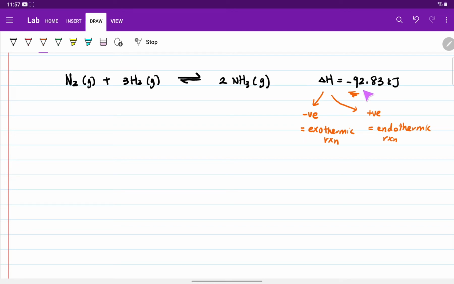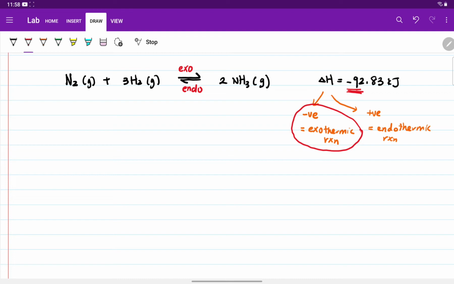Okay, so in this question, for this one, as you can see over here, it's negative. Negative maksudnya kita ada exothermic reaction. Forward reaction adalah exothermic. So, pada awak punya reversible arrow, label forward adalah exo dan automatically reverse reaction adalah endothermic reaction.